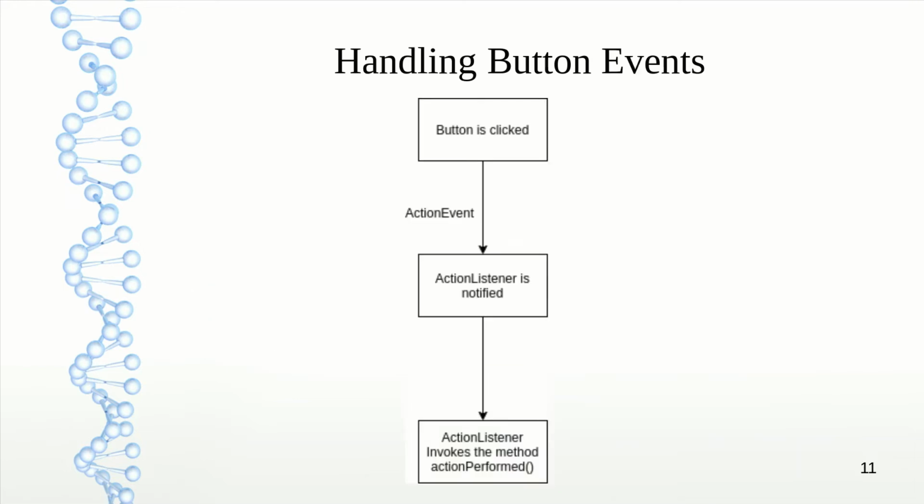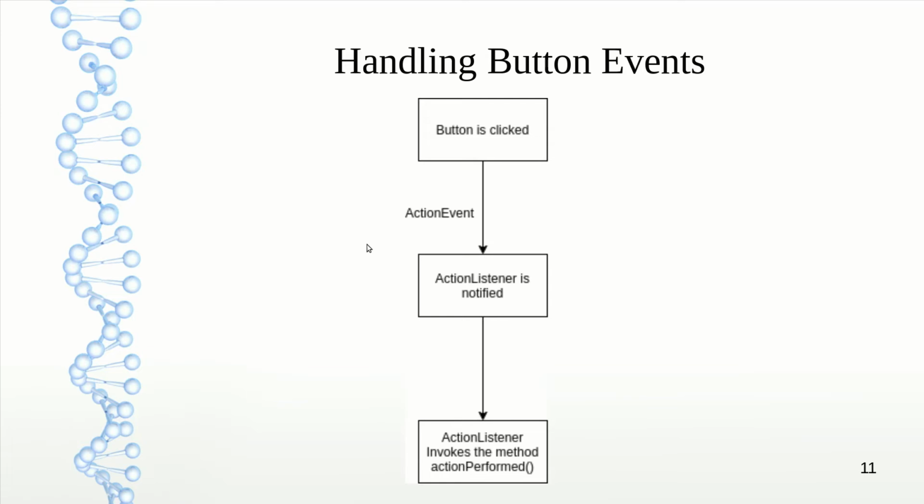Now let's see how a button can handle events. Java uses its beautiful event handling mechanism for handling the events of the button press. So we may see a flowchart associated with the event handling on button press. When the button is clicked, an action event is generated.